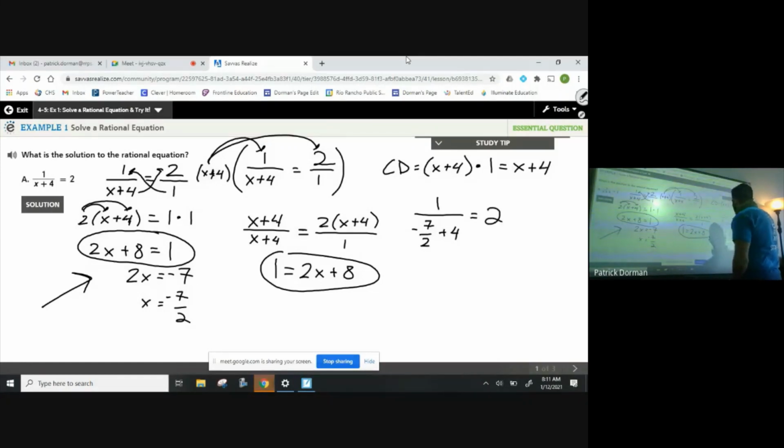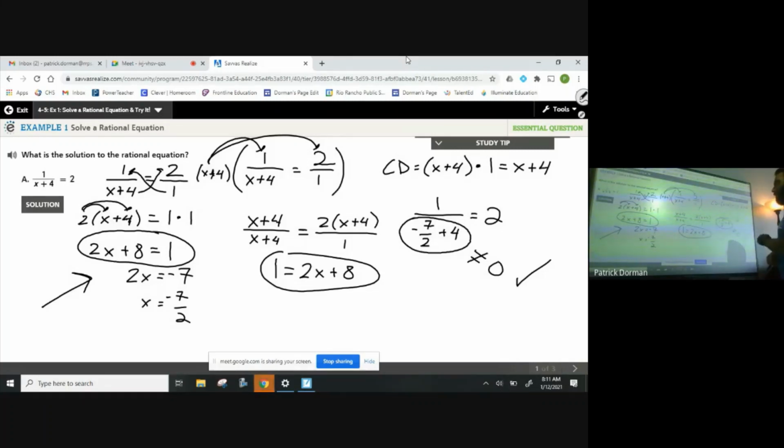You could check it by substituting your value in for x. In this case, that's not really what we're doing. What we need to do with rational equations is make sure that this denominator does not equal 0. And in this case, it won't. -7/2 plus 4 is not going to be 0. That's all we're checking for.